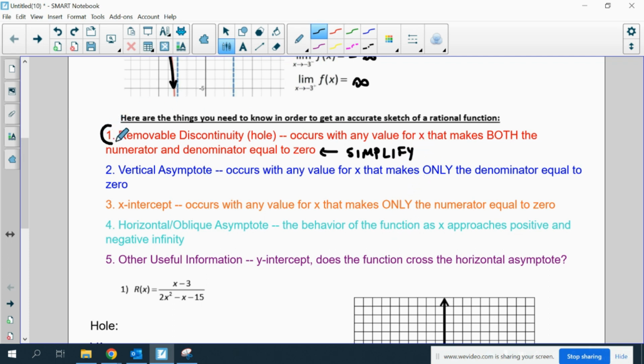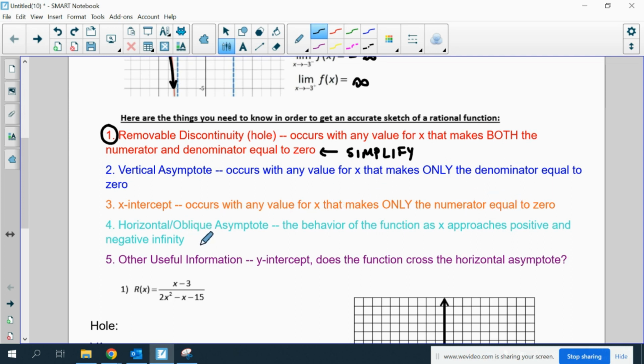So after finding any holes, then you can cancel things off and simplify. Then you also need to find vertical asymptotes where only the denominator is equal to 0, so values for x where that's the case. X-intercepts are where only the numerator is equal to 0, so x values for that.